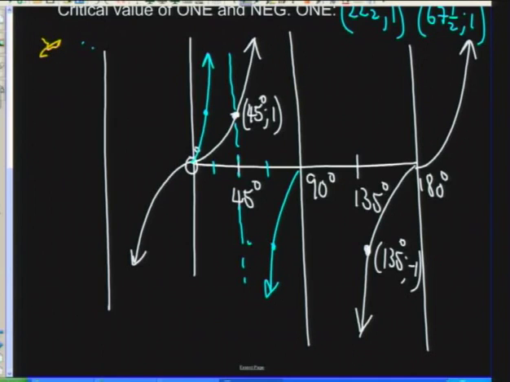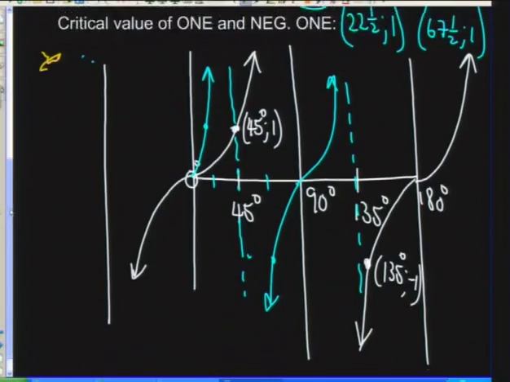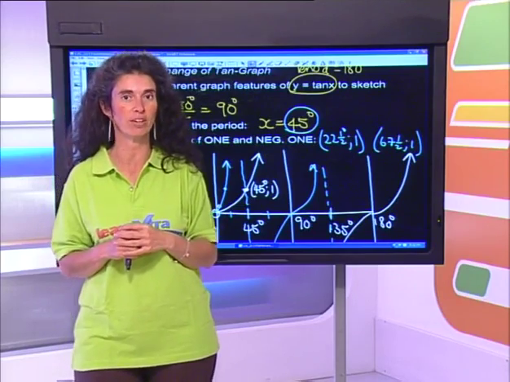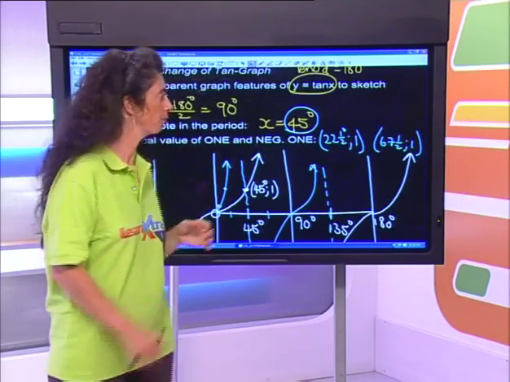Again, I could carry on there, and this is going to be my new asymptote, and I could carry on there and there. So as you can see, I'm getting 2 cycles in tan 2x, because that coefficient always tells me how many cycles I'm going to get in the period of the parent graph.